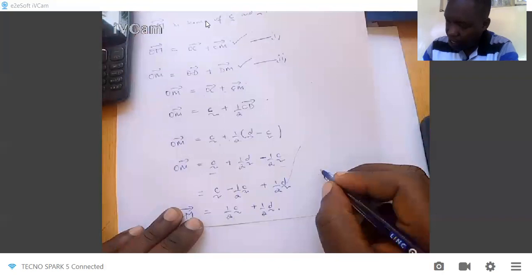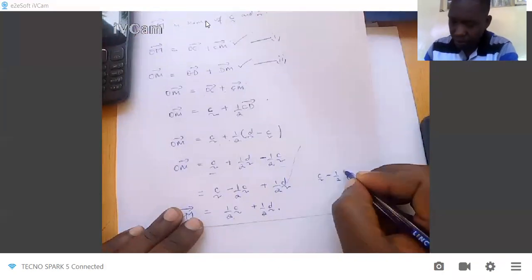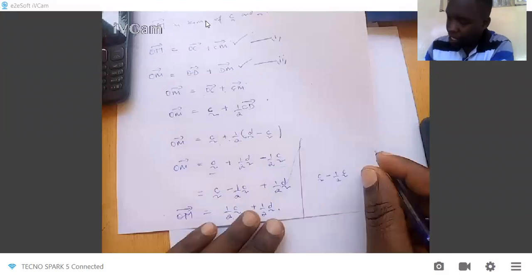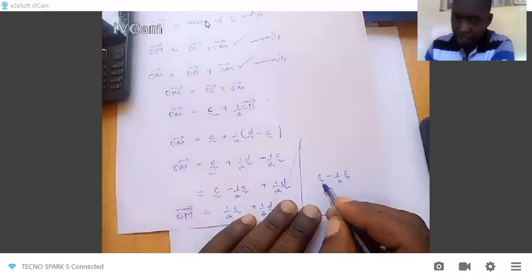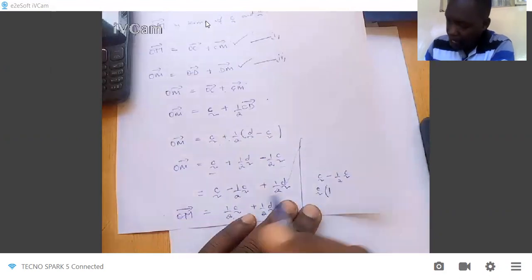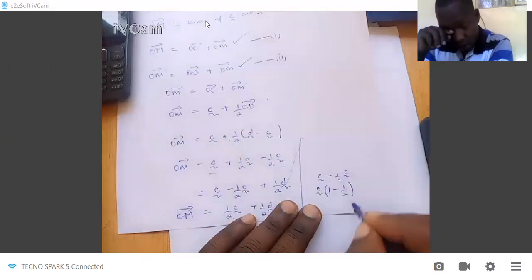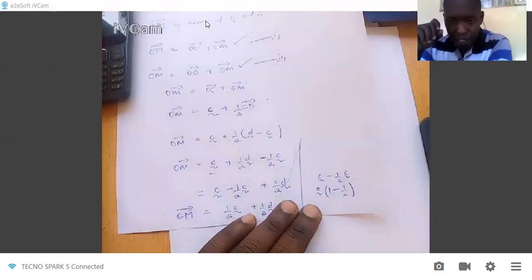So we have C minus a half C. So take C outside. So what do you remain with? Here, if you remove C, you remain with 1, isn't it? Minus, if you remove C here, you remain with a half. So what is 1 minus a half?